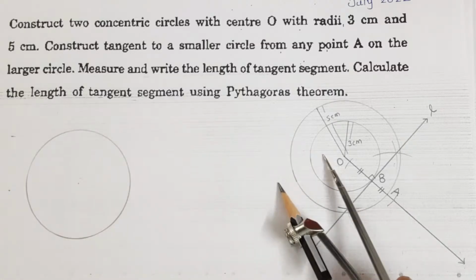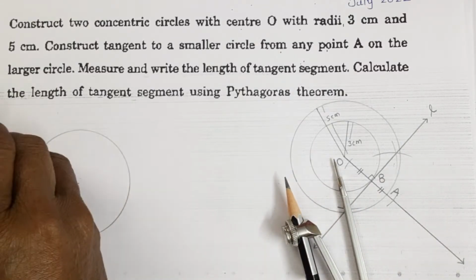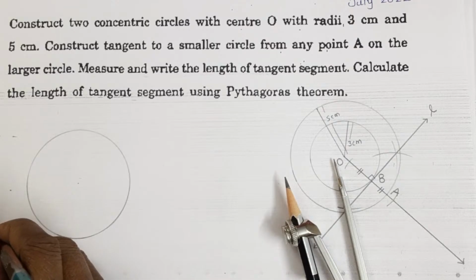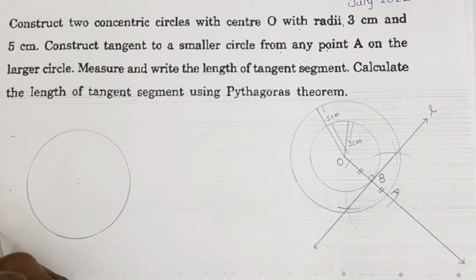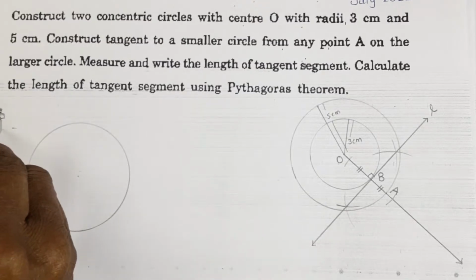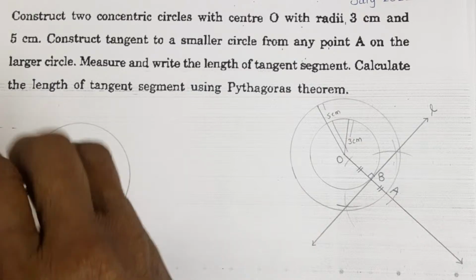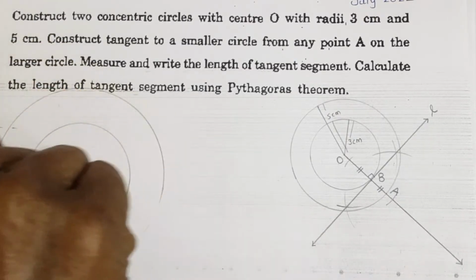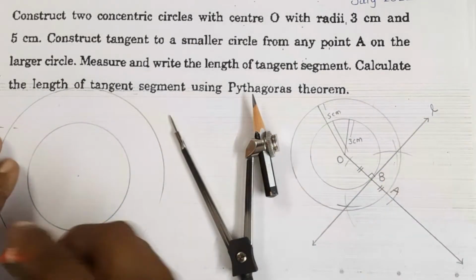This is 3 centimeter and then 5 centimeter. Take the 5 centimeter in the compass here, students.